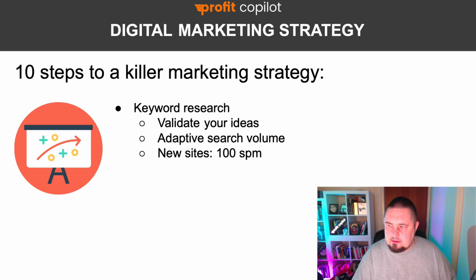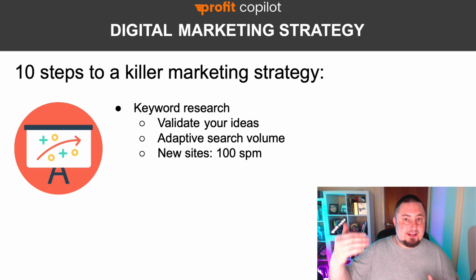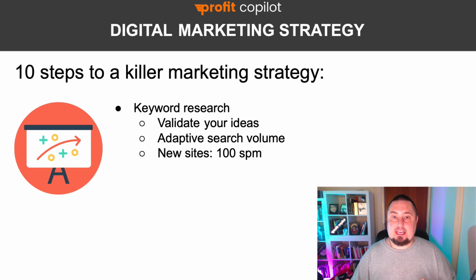So if you're targeting a keyword that has 100 searches a month and a low competition level, it's going to be easier to get people to your website, to your content, than if you were competing with a higher traffic and higher competition keyword.